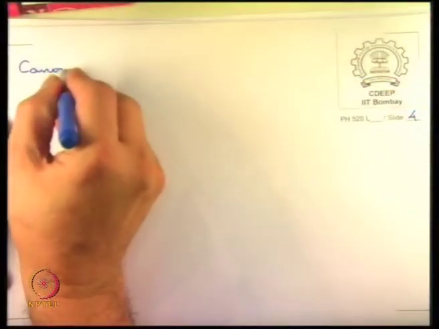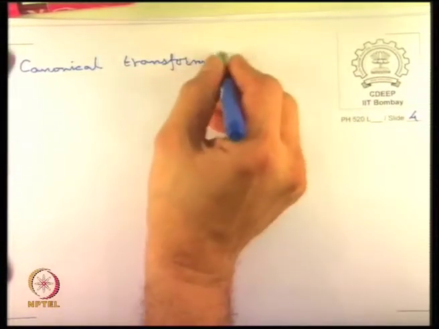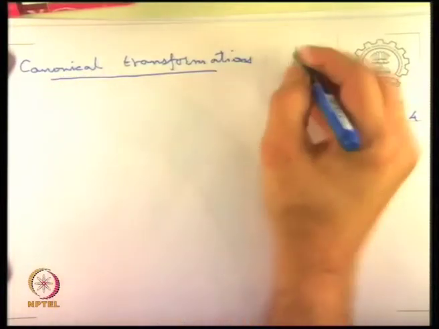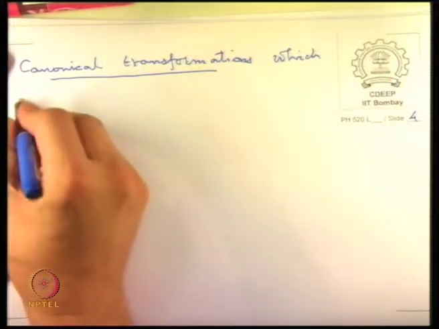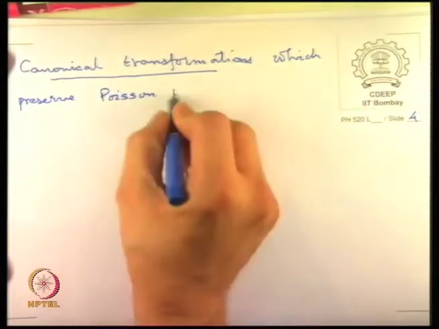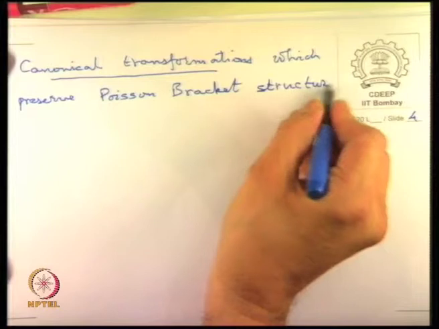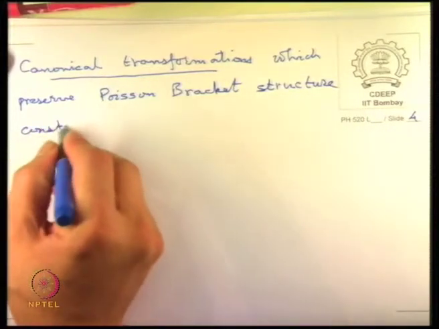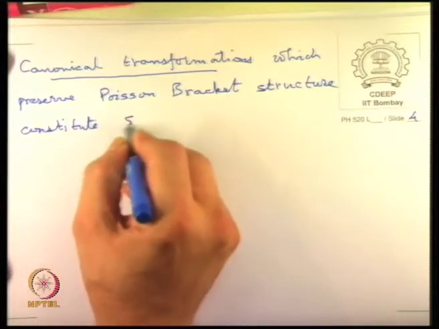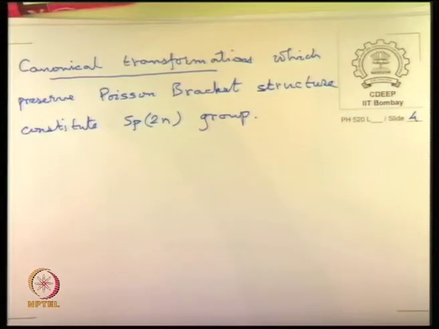So these constitute Sp(2n). So that is what we were doing, and this gives the example of the canonical transformations as the symplectic group we did last time.